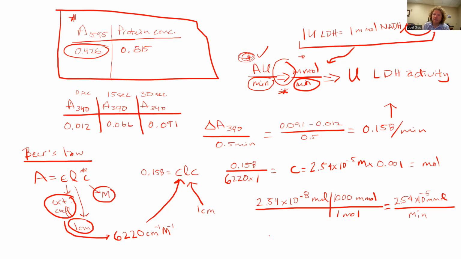So what that means is I also have, because my definition at the top, 1 millimole NADH per minute is equal to 1 unit of LDH, I have 2.54 times 10 to the negative fifth units of LDH activity.